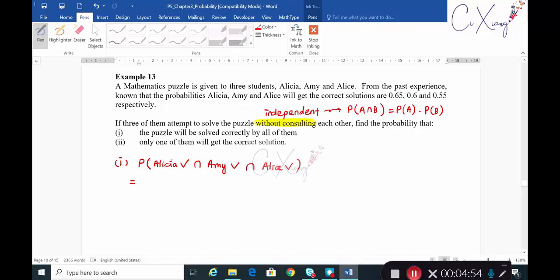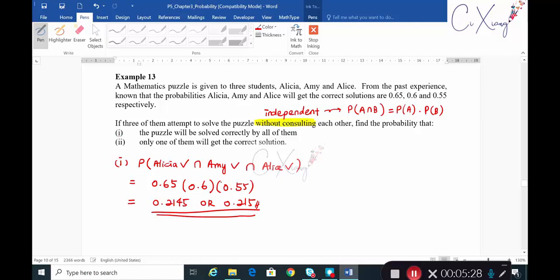When Alicia answers correctly, the probability is 0.65. Then I just multiply by Amy correct, which is 0.6 from the question, and after that Alice answers correctly, which is 0.55. When you simplify this, you will get the answer 0.2145 or 0.215. I can apply this formula directly because of the keyword "without consulting each other", so I know that they are independent events.